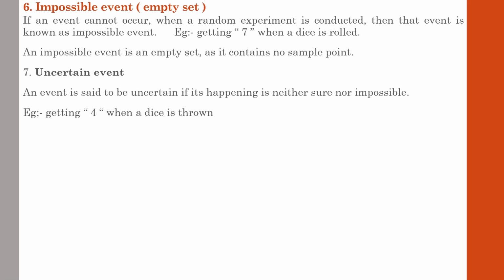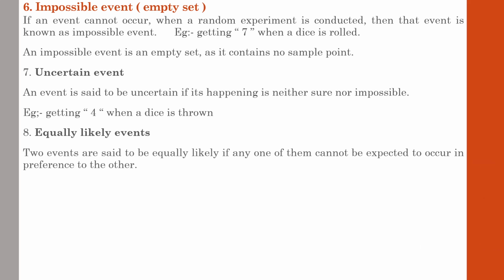Next one, equally likely events. Two events are said to be equally likely if any of them cannot be expected to occur in preference to the other.